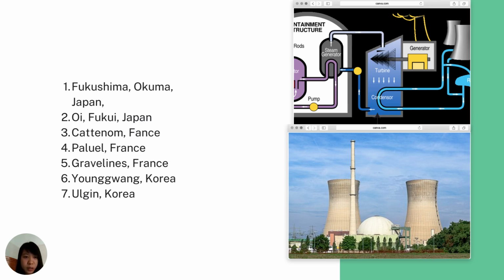And Yongbyon and Uljin are from Korea. There are many nuclear power plants in the world, and I introduce to you the seven biggest.